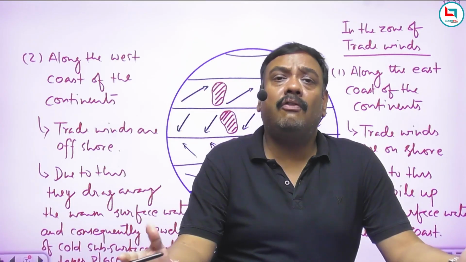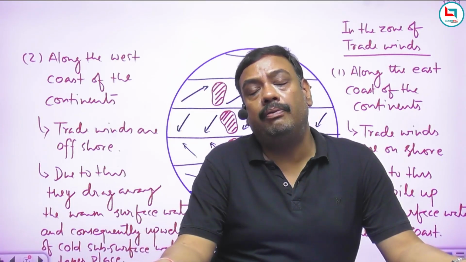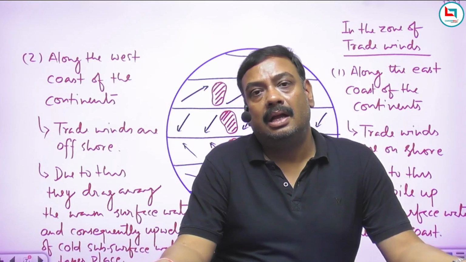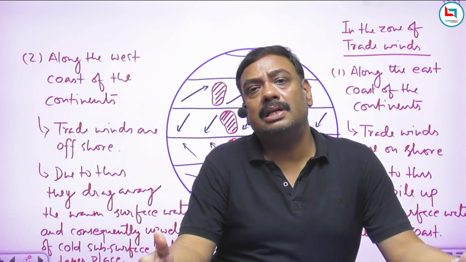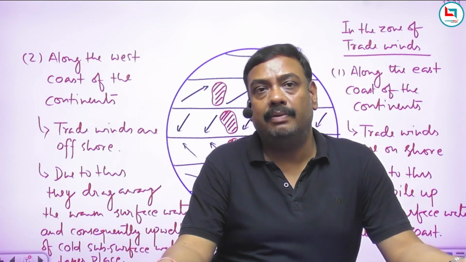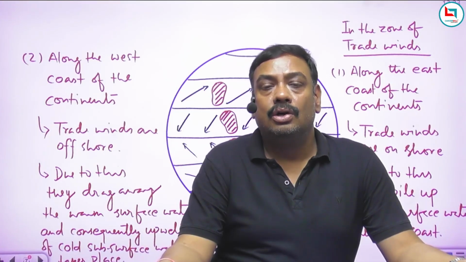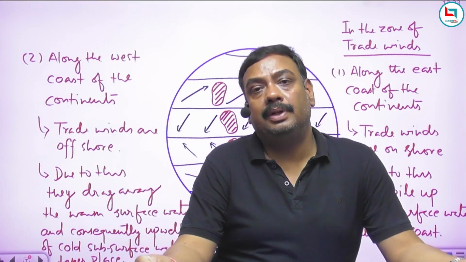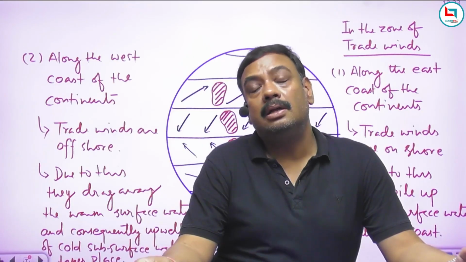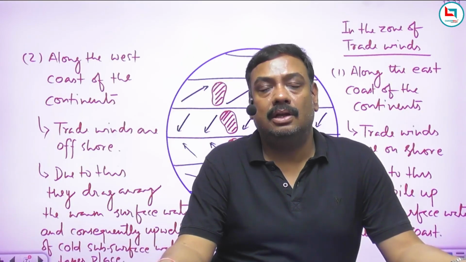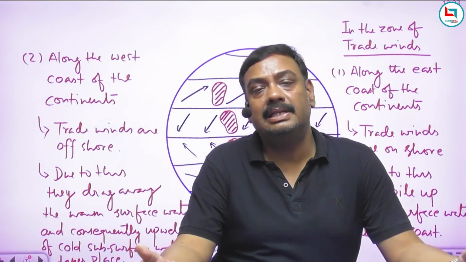We have so many islands in the zone of polar winds, so the demarcations are not well there, right? So whenever you have to discuss the impact of winds, you have to consider only the trade winds and the westerlies. You can give the example of trade winds and westerlies.